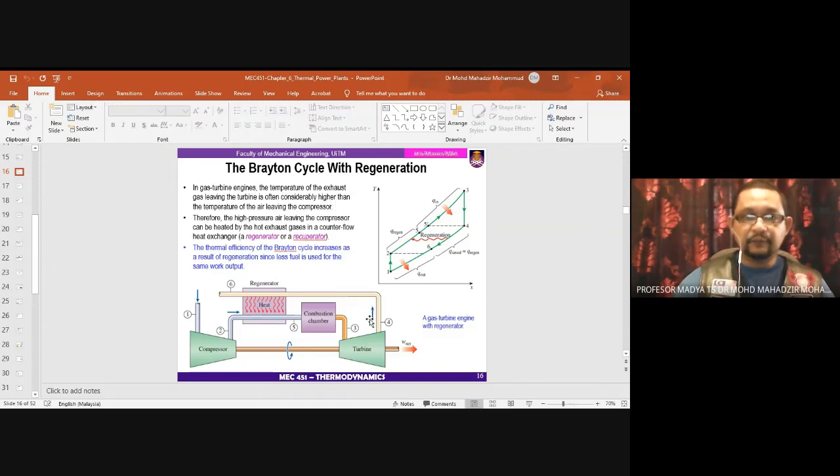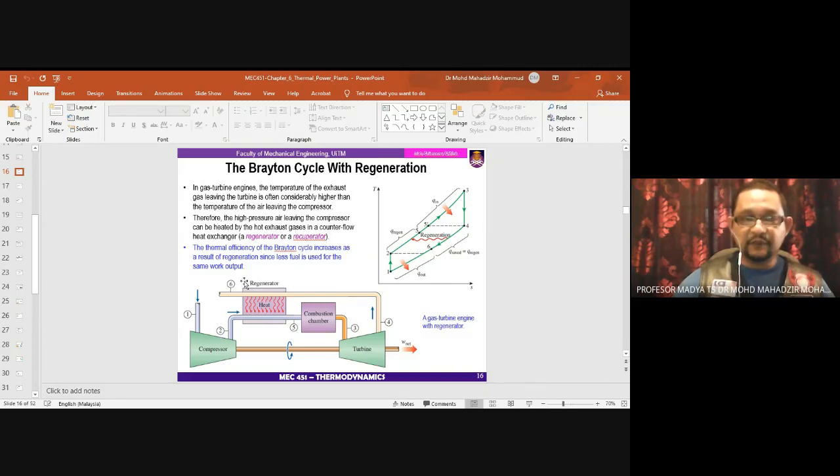That means we put a counter flow heat exchanger, that's called a regenerator, or also known as a recuperator. What happens there is that the high pressure air leaving the compressor can be heated by the hot exhaust gases in the heat exchanger.